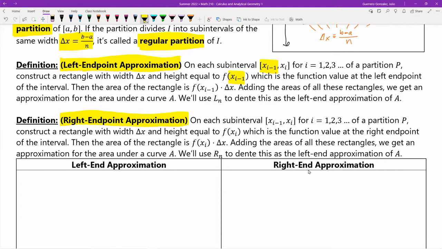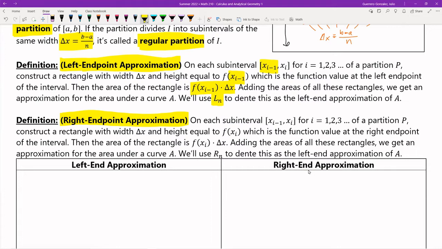Then the area of that rectangle is going to be given as that, okay? Adding all these areas up gets us what we call an approximation for the area under the curve. And we're going to call that L sub n for a function, the left endpoint approximation with n divisions, right?